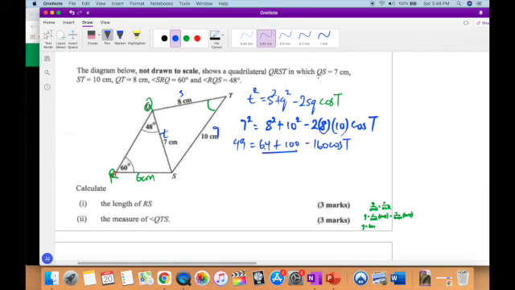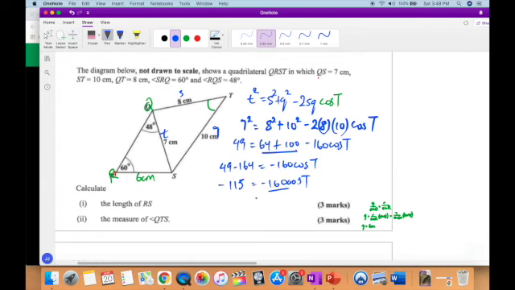That's 164. So I'm going to fling it over to become 49 minus 164 is equal to minus 160 cos T. So 49 minus 164 is negative 115, equal to negative 160 cos T.